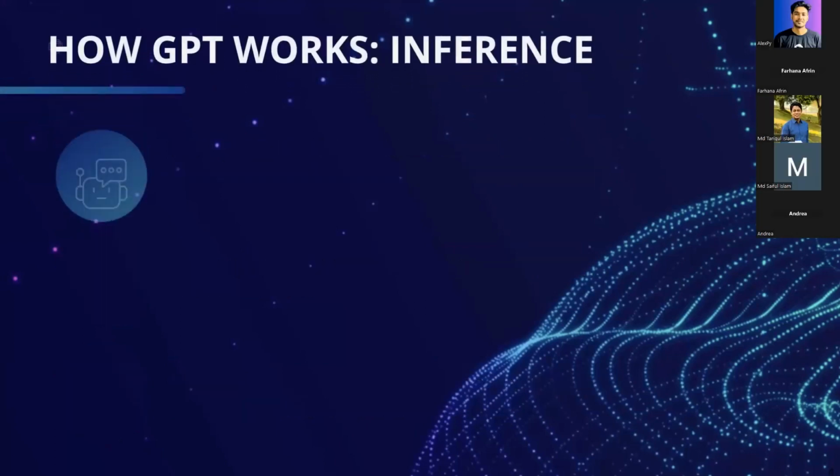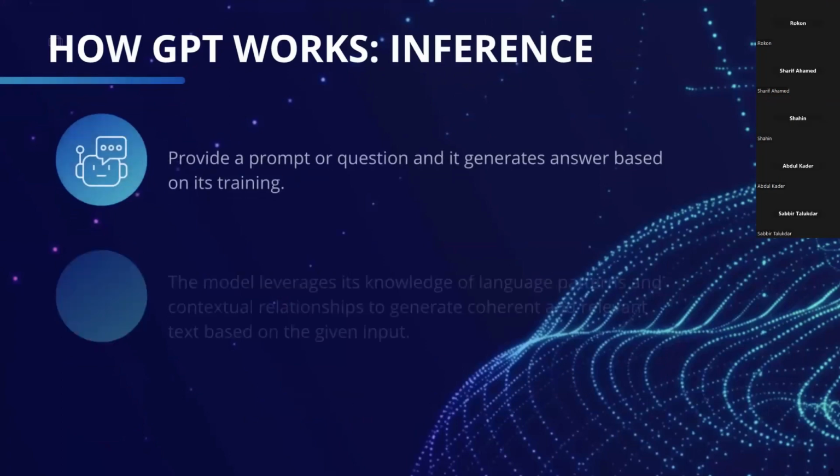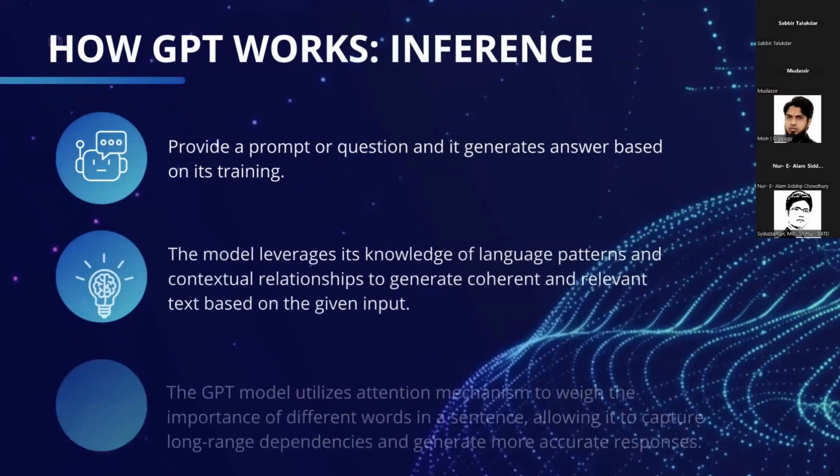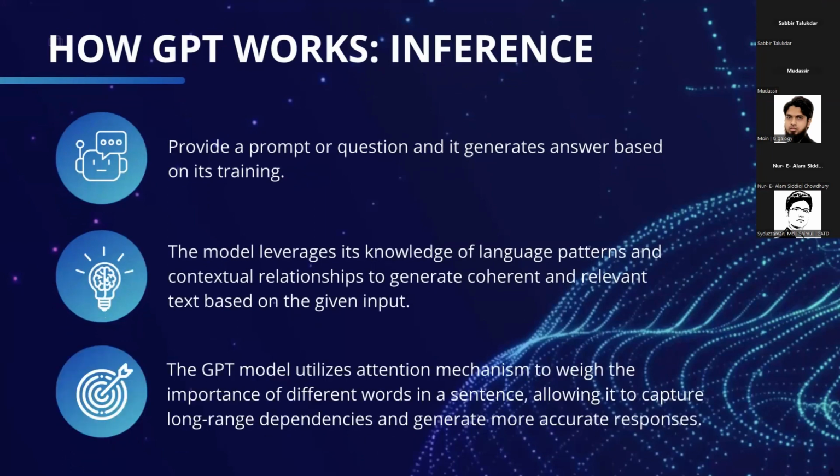The third stage is inference. Inference is actually kind of connected to our previous stage of fine-tuning, because every time you fine-tune it, you probably want to see how it is doing. And then you fine-tune it again, and this iteration of fine-tuning and inference goes on. So basically for a GPT model, the inference stage is you ask it a question, and it generates an answer based on what it learned so far.